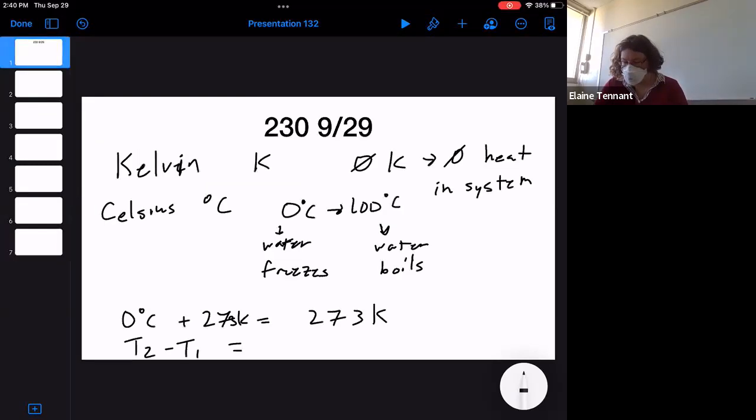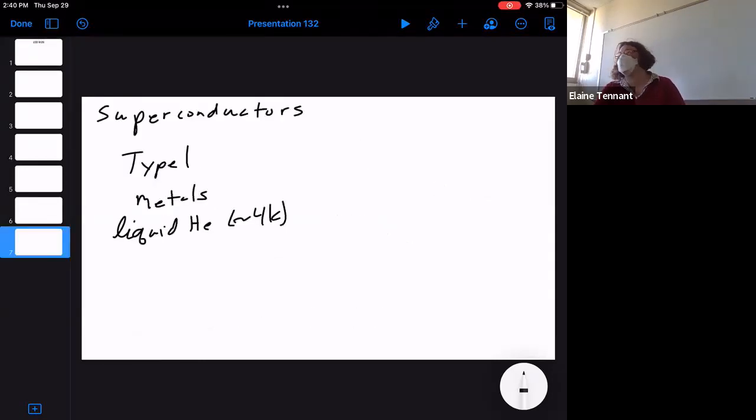Note that 0K is absolute zero and theoretically impossible to get to. So when we're saying 4K, that's very, very cold. Type 2 tend to be ceramics and crystals.